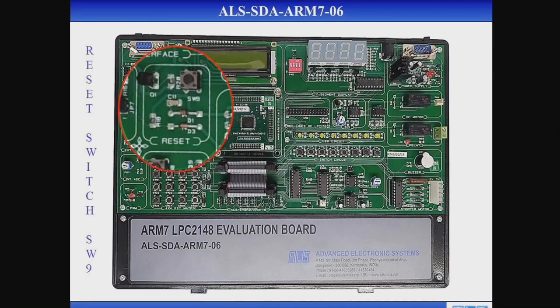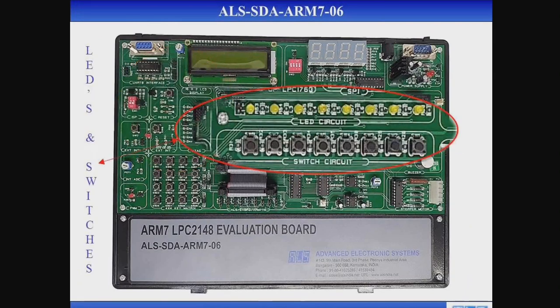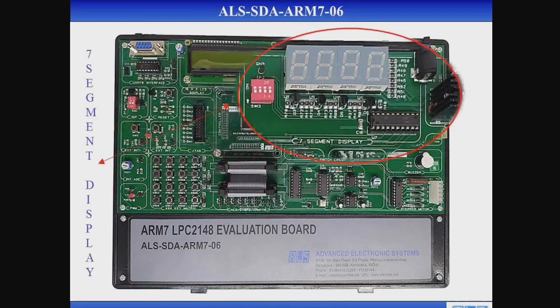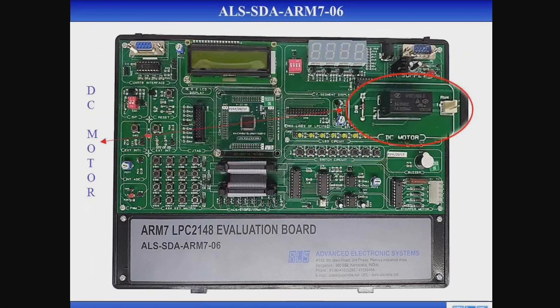Next is a reset switch SW9. Next, the yellow and black ones are the LED switches in the switch circuit. Next is the LCD contrast and the LCD display. Next is the 7-segment display. Next the DC motor, and the stepper motor below it.